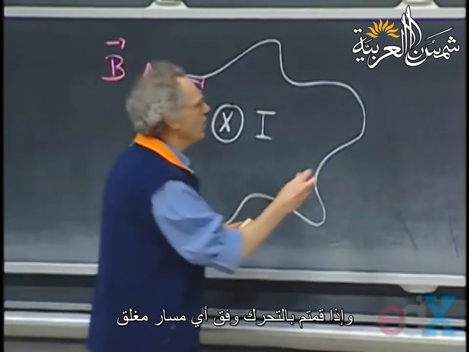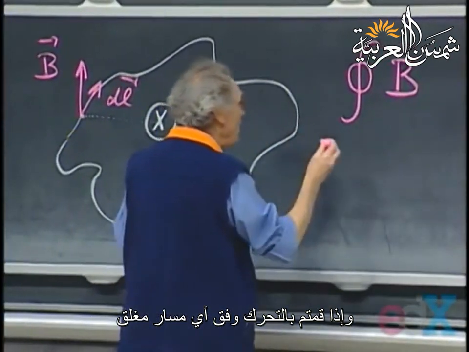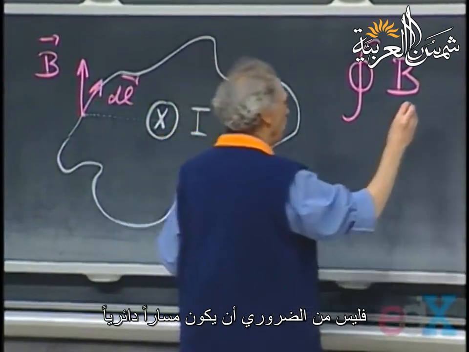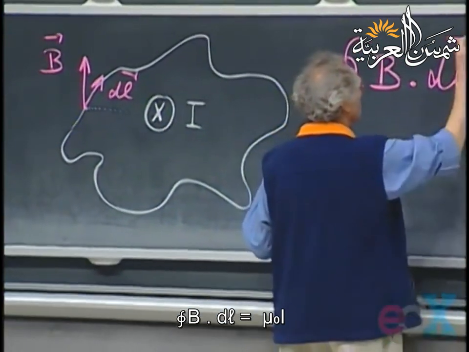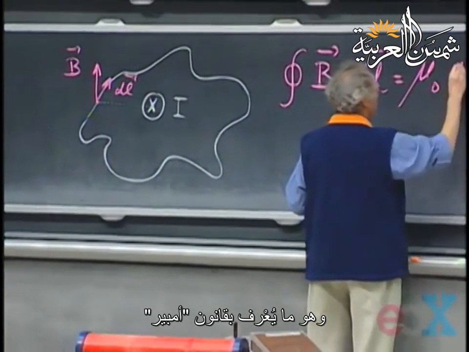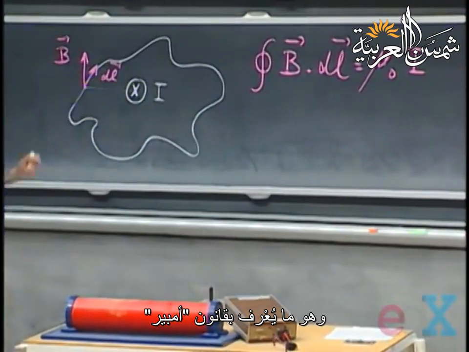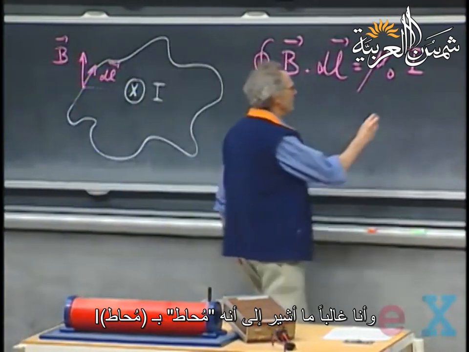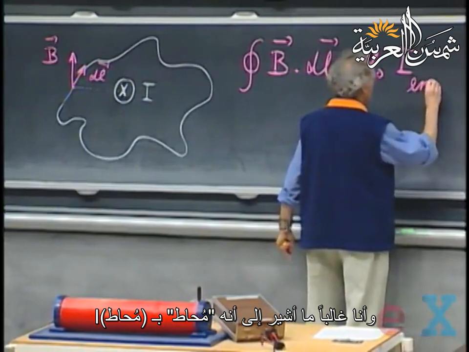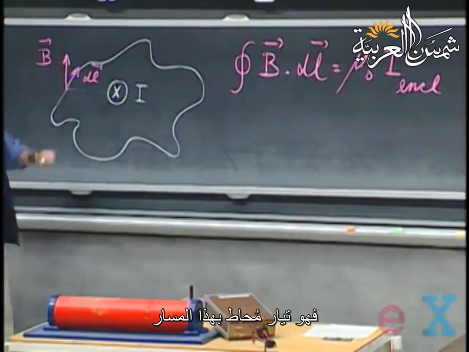And if now you go around a closed path of any kind, doesn't have to be a circle, B dot dl, that now becomes mu 0 times I, which is known as Ampere's law, and I then is often given an index enclosed. It is the current which is enclosed by that path.